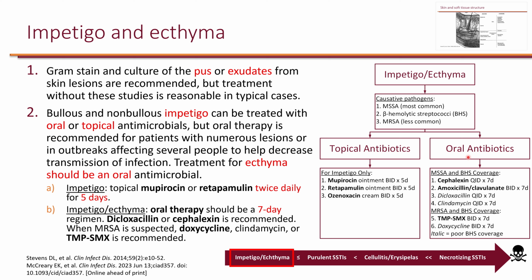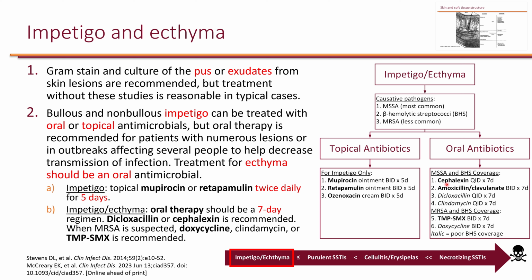The way you choose between topical and oral for impetigo is essentially the number of lesions affected, and also whether there are multiple people in the household who might be at risk of getting the infection, so for infection or transmission control.